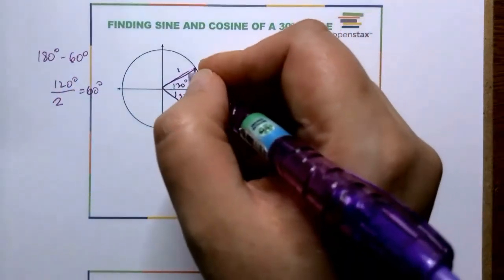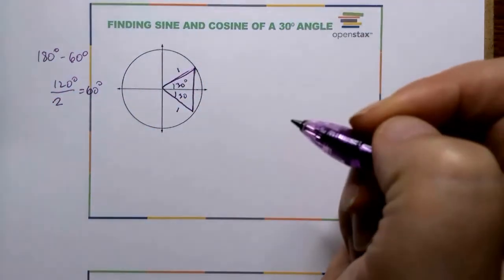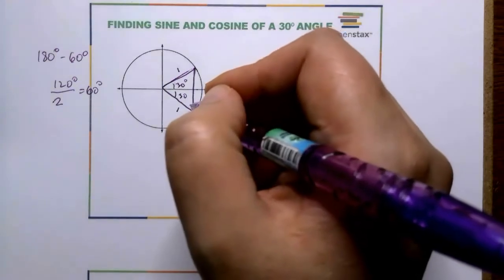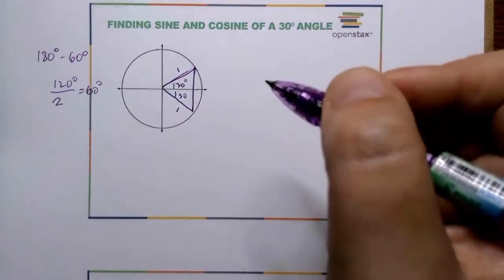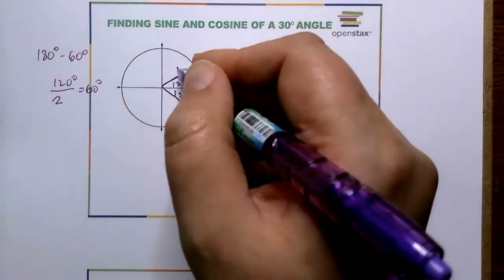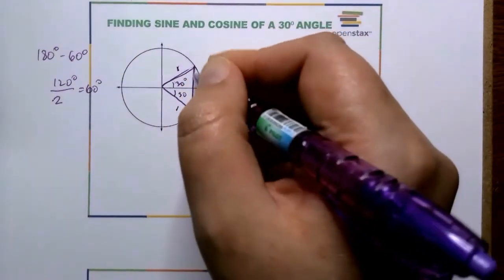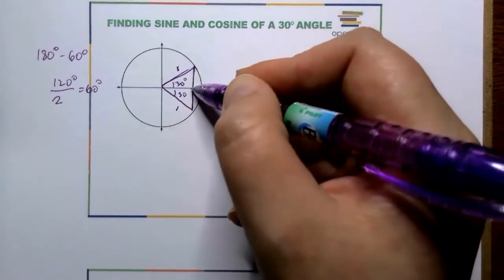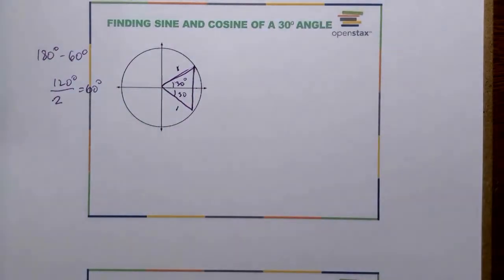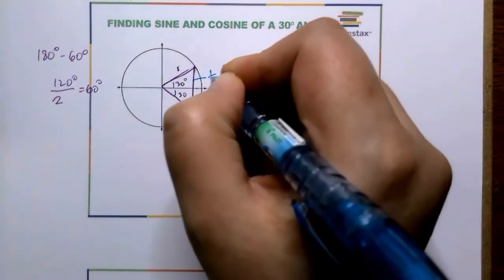So each of these angles is 60. So I'm actually looking at an equilateral triangle. And what that tells me is that this side is also 1. This means that half of this side must be 1/2.